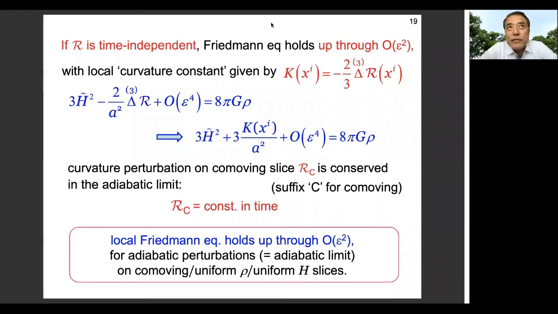You assume the background is homogeneous. Yes, that's right. But we don't know whether our universe started from homogeneous objects or not. That's exactly why I said originally inflation was to solve such homogeneity problem and initial condition problem and so on. But actually it didn't. Inflation doesn't solve such problems.